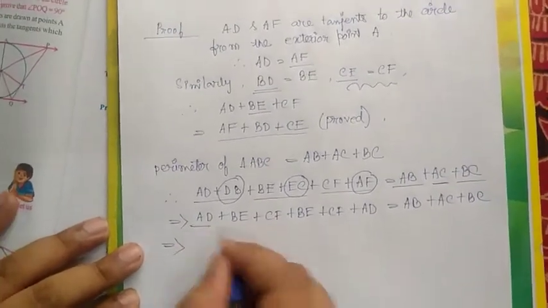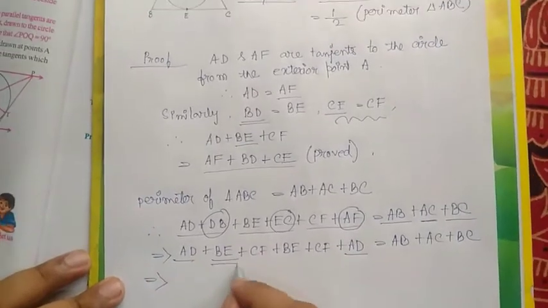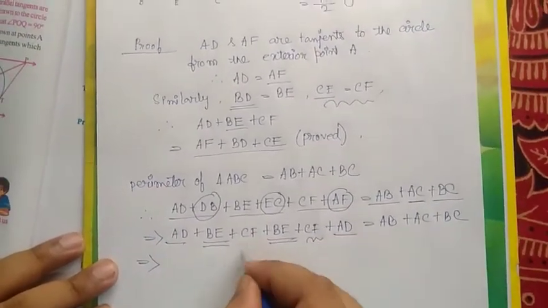So therefore there are 2 AD, 2 BE and 2 CF.